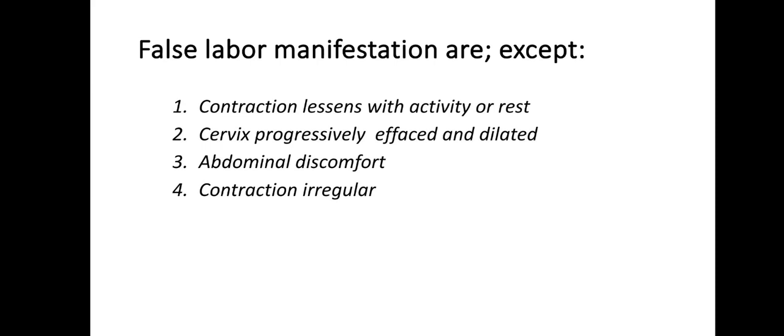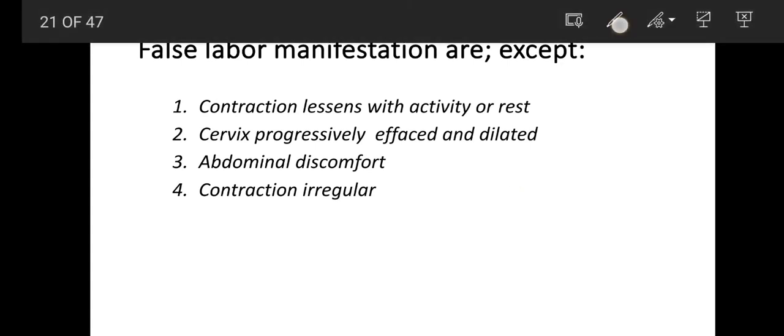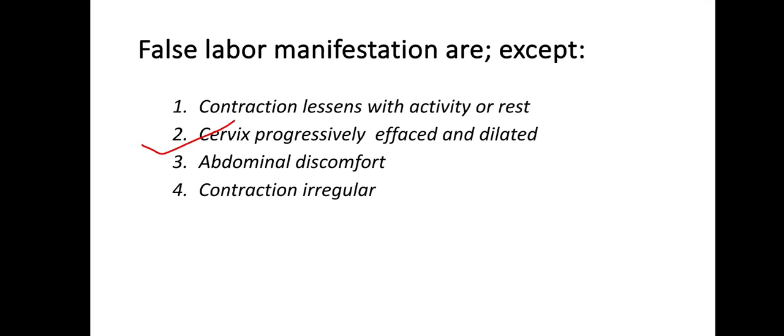Contraction lessens with activity or rest is a manifestation of false labor. Abdominal discomfort is also. Next is the irregular contraction, which also comes under false labor. Cervix progressively effaced and dilated: progressive effacement and dilation of the cervix occur only in true labor.